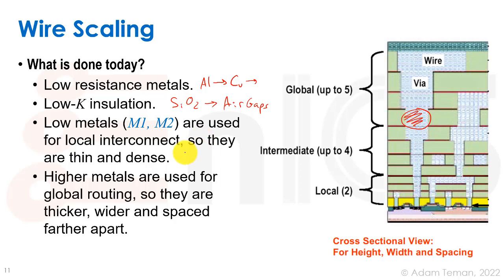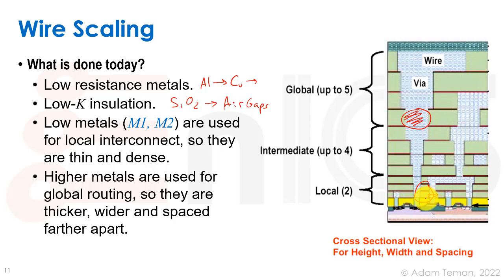Low metals are used for local interconnects, so they're thin and dense, and we can see that over here, that we have these low metals which really are the thinnest. They're whatever we can get through the photolithographic process. We may use double patterning and quadruple patterning and so forth to make these, and we'll have very close spacing. And we assume that the total coupling capacitance and the total resistance we're going to get is going to be small, because these are really short wires.